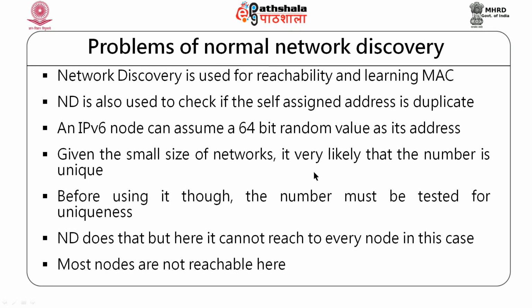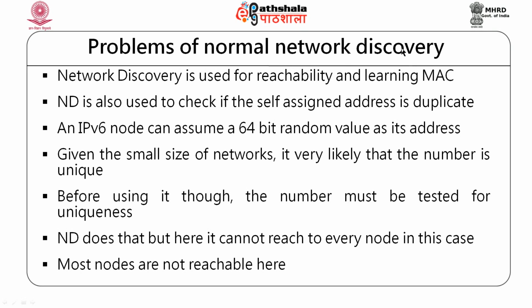It broadcasts, and remember I told you the reason for this, because if somebody else is using the same address, they should tell you. So, you have to broadcast. That kind of broadcasting is prohibited, we do not want that kind of broadcast. So, here the neighbor discovery protocol is used, but with a modification, and we will see what that modification is soon.